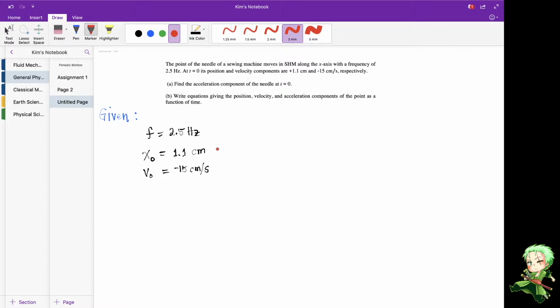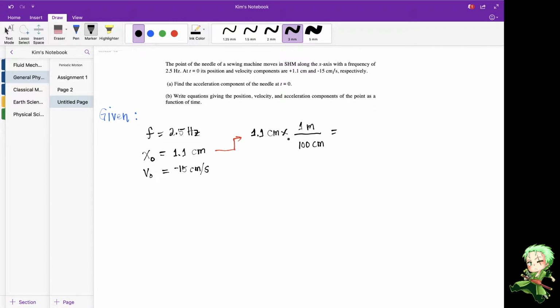Okay, the same with our previous examples, we should be working with SI. It is our convention in our class to always work with SI. So let's simply convert 1.1 cm to meters. You multiply 1.1 centimeters by the conversion factor of 1 meter over 100 centimeters.